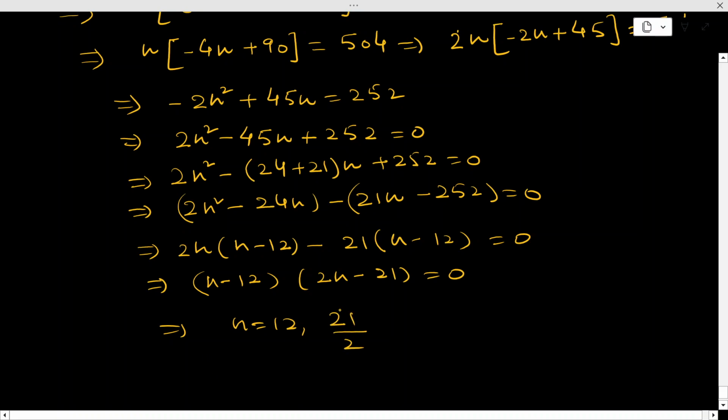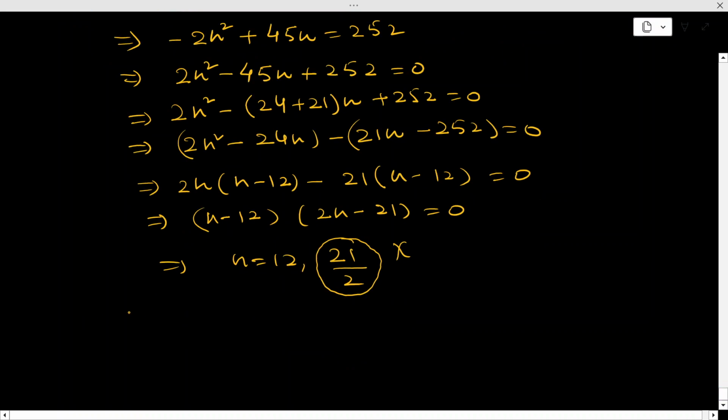Okay, so it is clear that we cannot take this 21 upon 2 because we are having number of terms. So this implies the number of terms for this AP, which gives you the sum as 252, is 12.